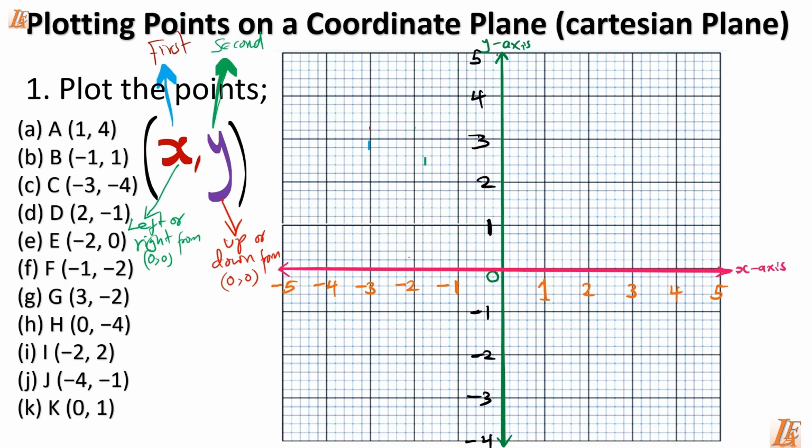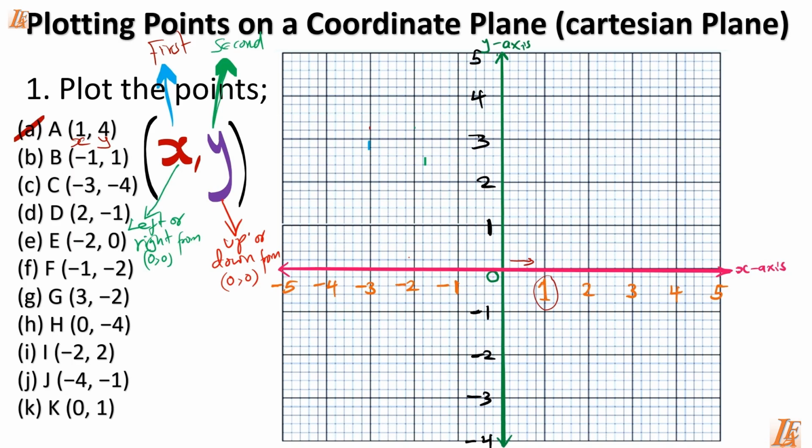The first one that we have here is point A, where we have 1, this one is in the x-axis, then we have 4, this one is in the y-axis. Now these two numbers, x and y, that is 1 and 4, both of them are positive. So from the origin, you move 1 point to the right, that is in the x-axis. So here you move to this one, and then from here you move 4 points up in the y-axis.